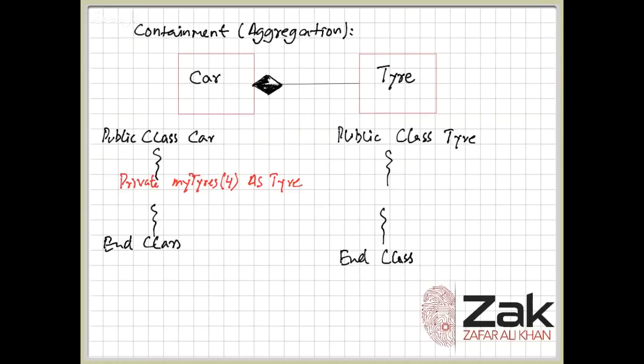A diamond box on the side where the variable attribute is used. All right. So this would be read as car contains tire. This is no more inheritance. This is containment or aggregation. This tire may come downwards, and then we would have this diamond upwards. Really does not matter. It is not inherited, it is being contained. An object is contained in a class.